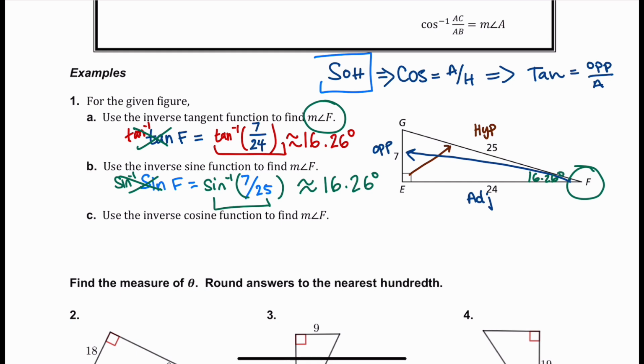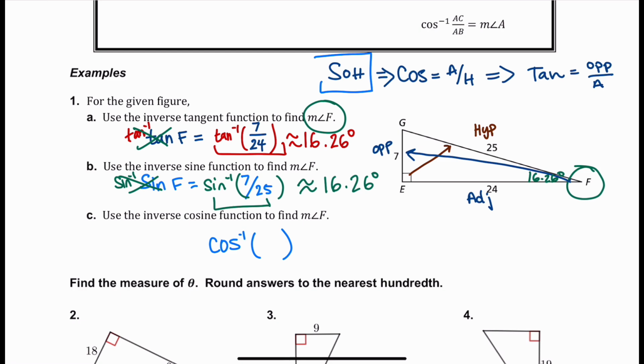Now I bet you can guess what's going to happen when we do this with cosine. If I'm wanting an angle, I'm going to use the inverse.